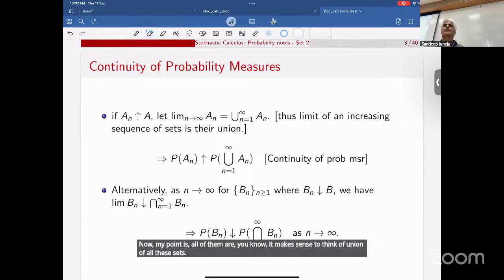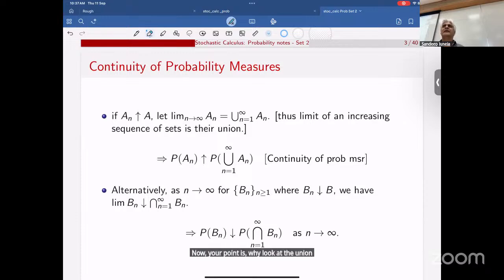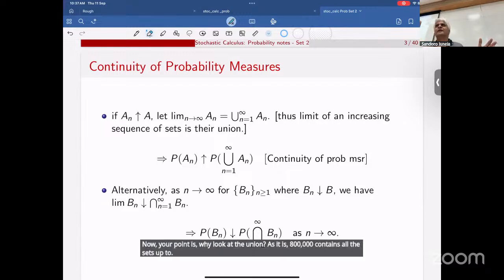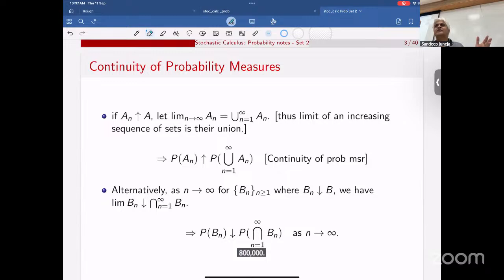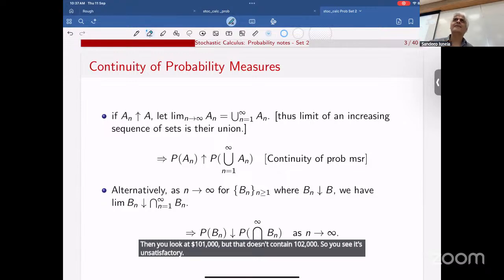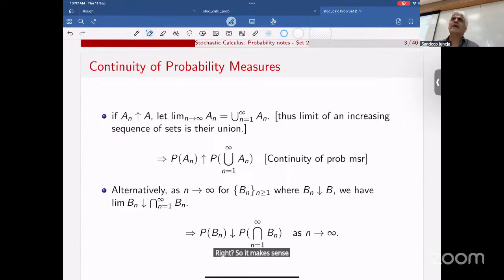Your point is why look at the union, as A 100,000 contains all the sets up to A 100,000. But A 100,000 does not contain A 101,000. Then you look at 101,000, but that doesn't contain 102,000. So you see it's unsatisfactory, right? So it makes sense to have a notion of the union of all these sets.